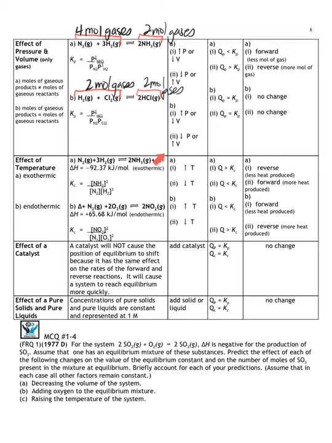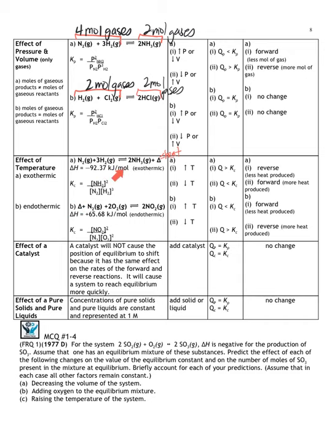I put this little triangle which represents heat, and I'm putting it on the product side. If the change in enthalpy, delta H, is positive, that means the reaction is endothermic, which means heat is on the reactant side, like you see here.